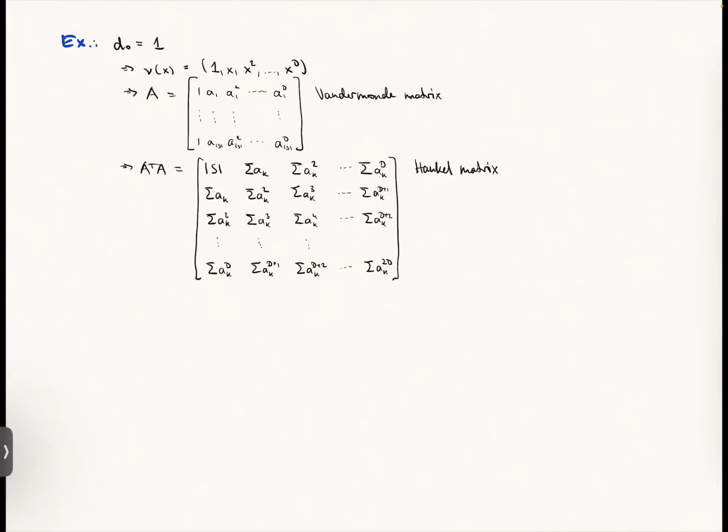So this is a Vandermonde matrix. If you now consider the covariance of that, you get a Hankel matrix. Can you see that? All the terms on the same off-diagonal are equal. So this is the type of positive definite matrices that you get: those that are Hankel matrices.